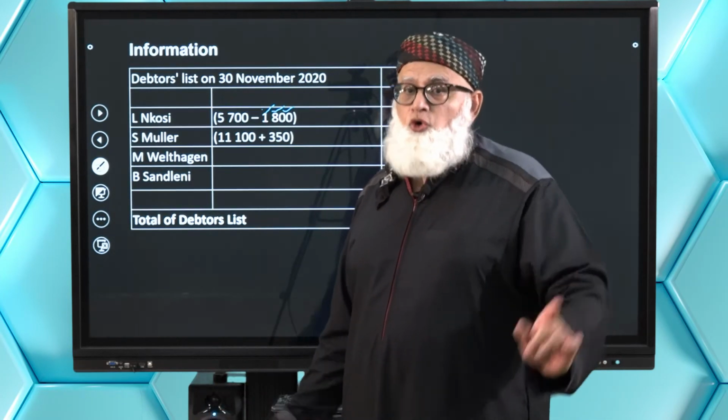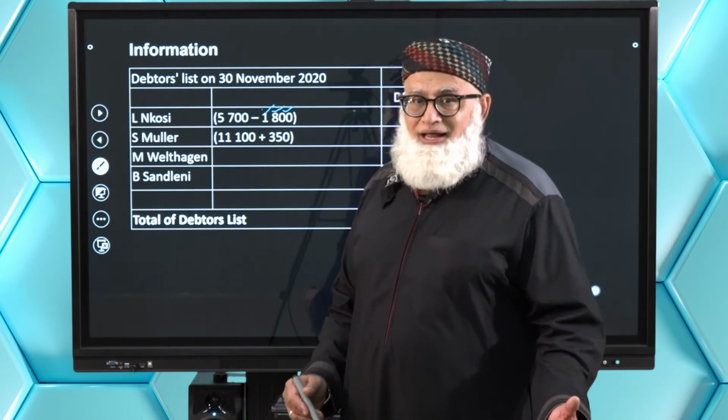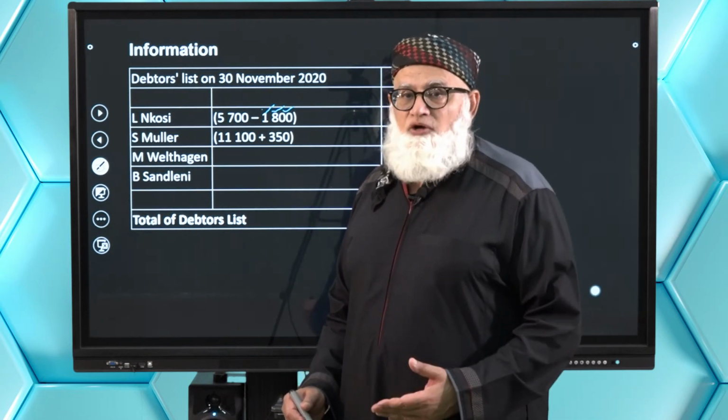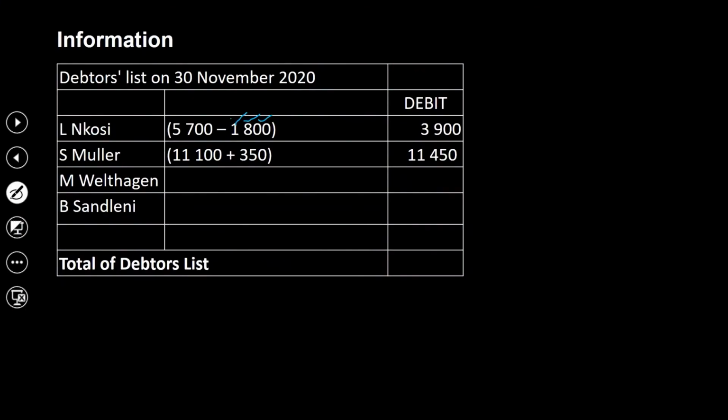We fixed up the control, now we're fixing up the list. What is the difference? 3,100 minus the 1,300, the difference was 1,800. So 5,700 minus 1,800 will give me my final balance of 3,900.